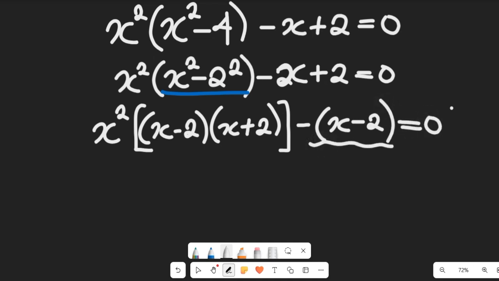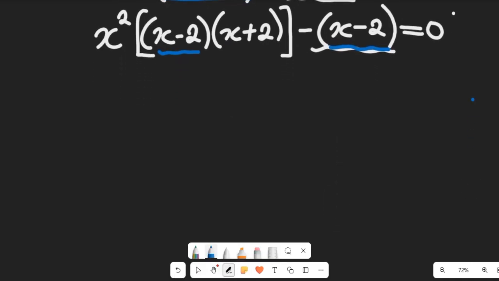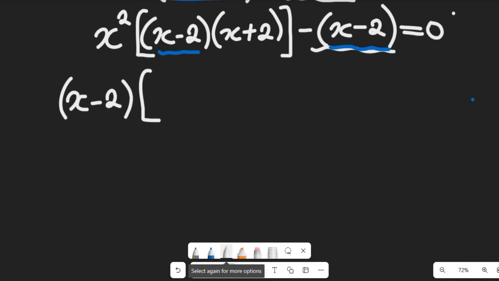So this whole expression will still give me this, because x times minus times minus gives me minus x. Minus minus will give me plus 2. Great. Now if you look at this expression, I have one term common, which is x minus 2 and x minus 2. So what do I do to that expression? I'm going to bring it out. If I bring it out, I'll have my x minus 2, and I'll use that to simplify all this.